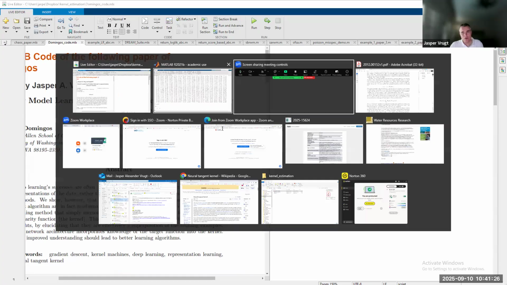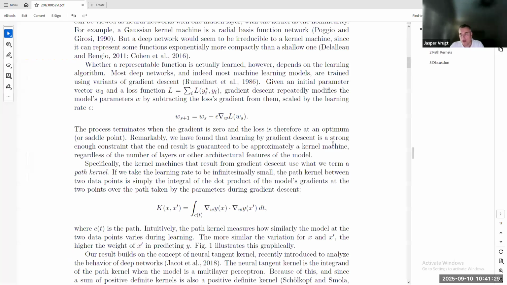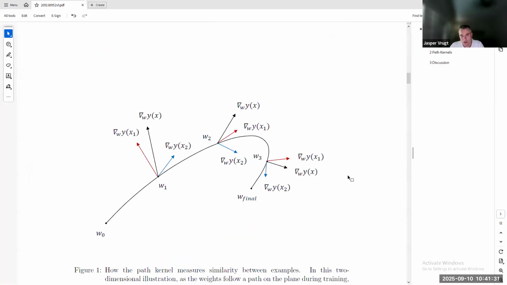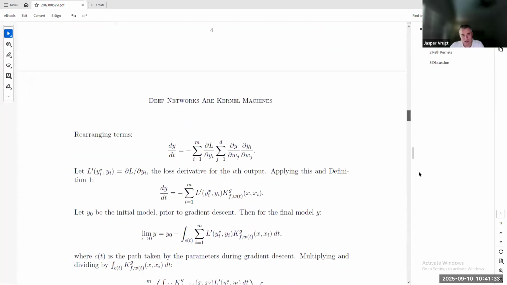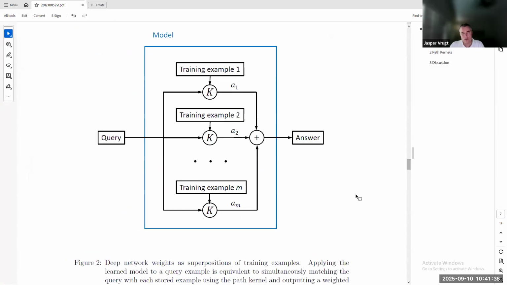Going back to the paper, there's one interesting thing I want to show, and that is this figure here. The way to think about these deep learning models is that, in essence, your prediction is some weighted combination of all your training samples. That's essentially the point: any prediction of a deep learning model is just a weighted combination of your training samples.